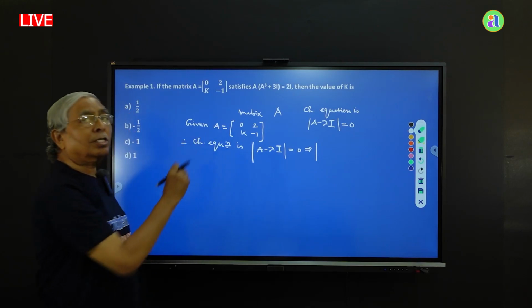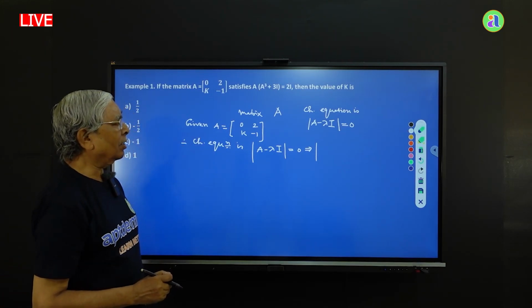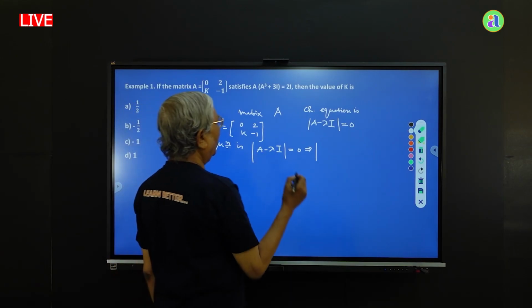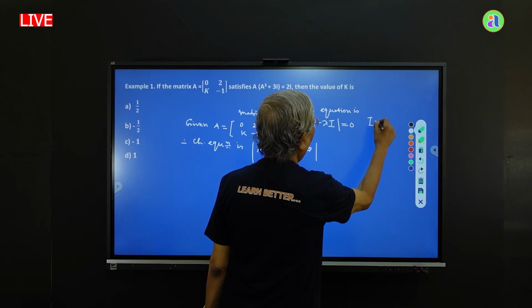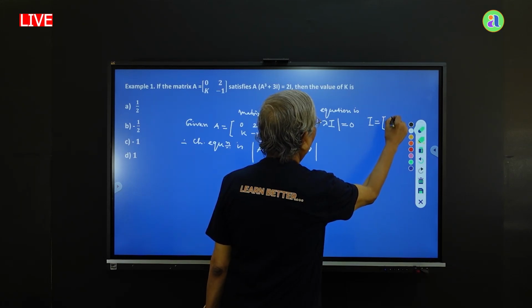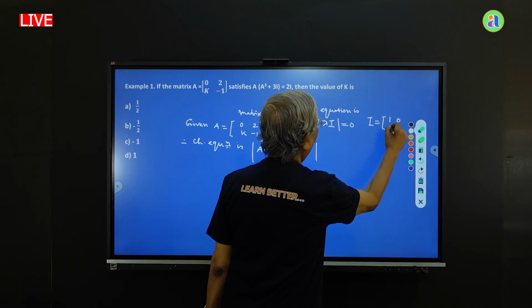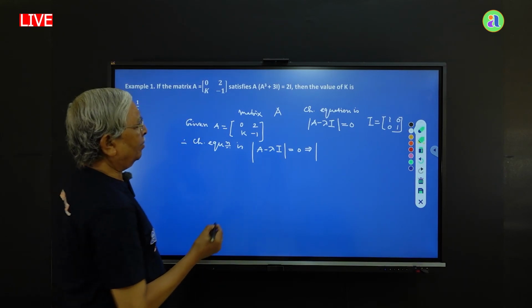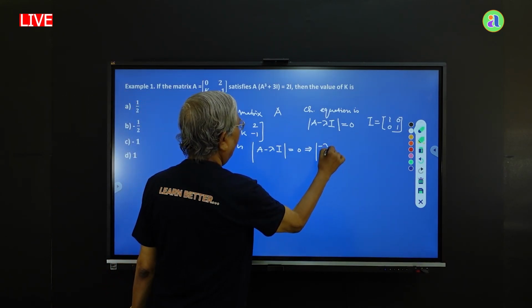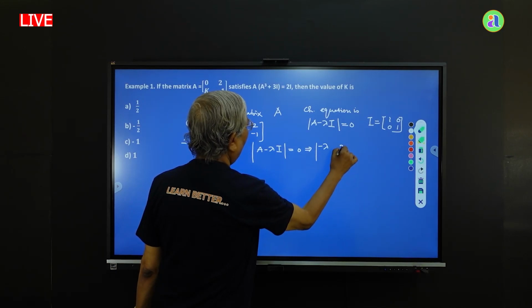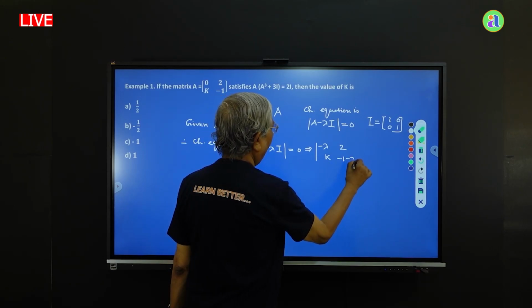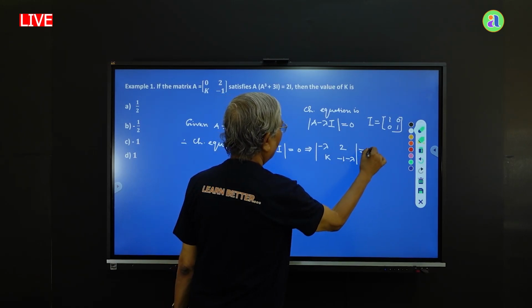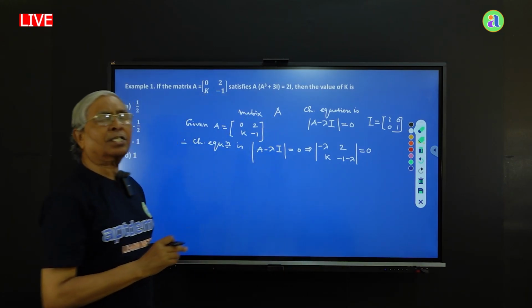I is the identity matrix of order 2, that is [1, 0; 0, 1]. So A minus lambda I is [-lambda, 2; k, -1 minus lambda], and its determinant equals 0. So this is our characteristic equation.